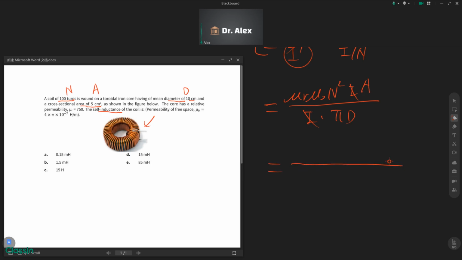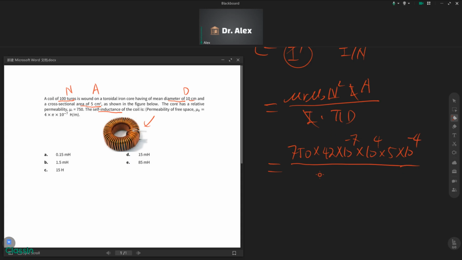And the d, we just input every value inside. It's 750 times 4 pi 10 to the power of minus 7 times 10 times 4, which is n square, and the area is 5 times 10 to the power of minus 4, because we have to convert the unit from square centimeters to square meters, right?